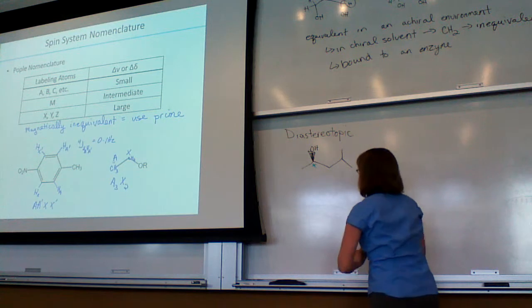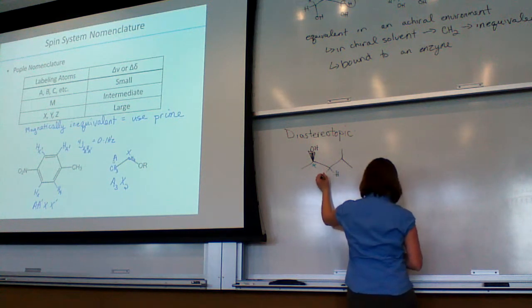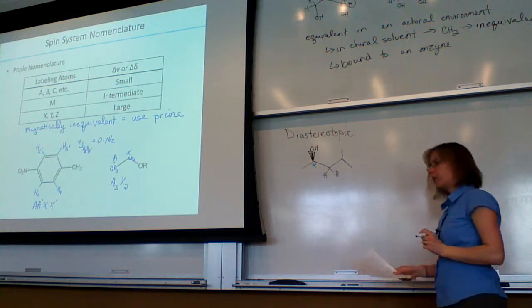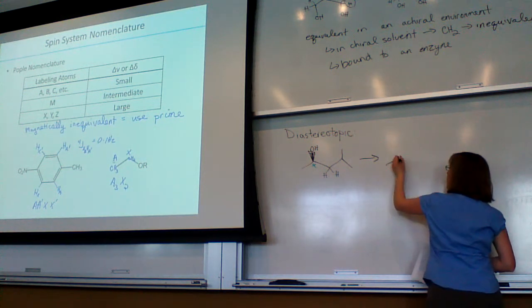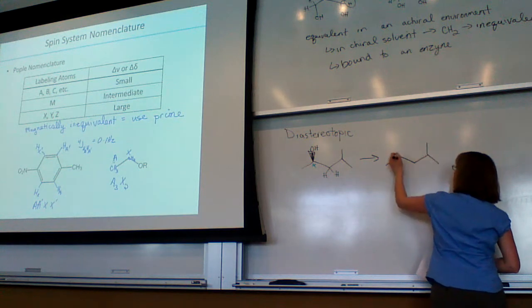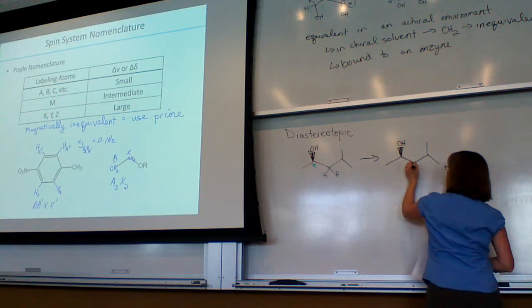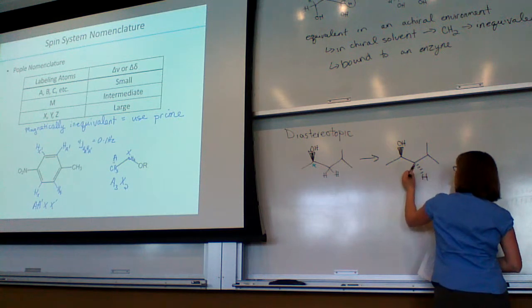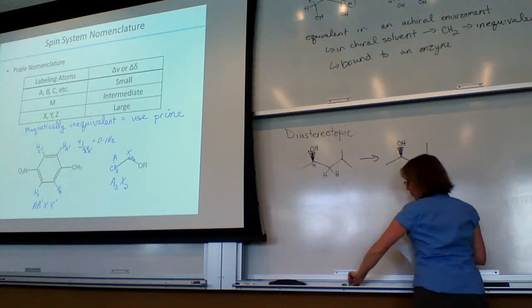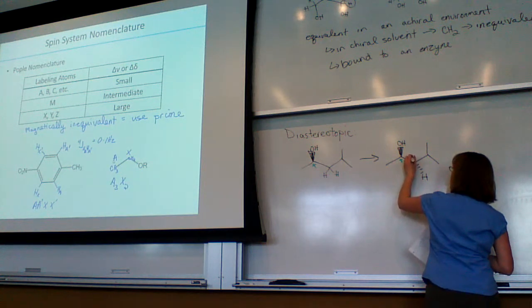Now if we look at the CH2 group here, if we were to exchange one of those hydrogens for a deuterium, we are going to create a second stereocenter.